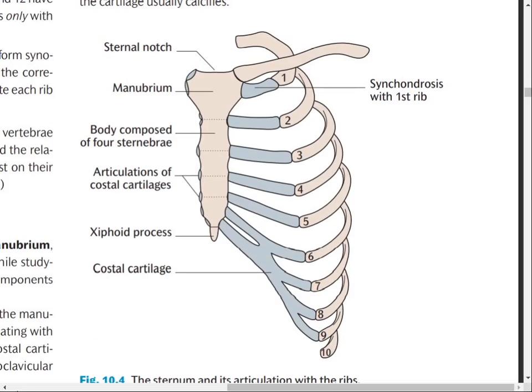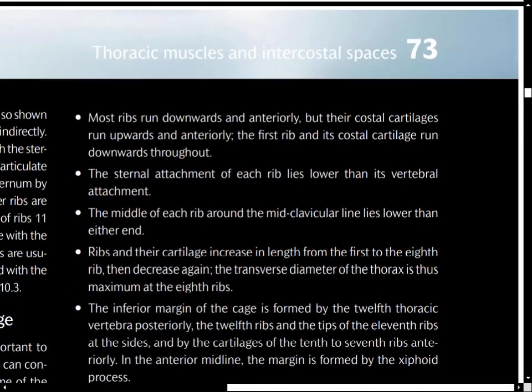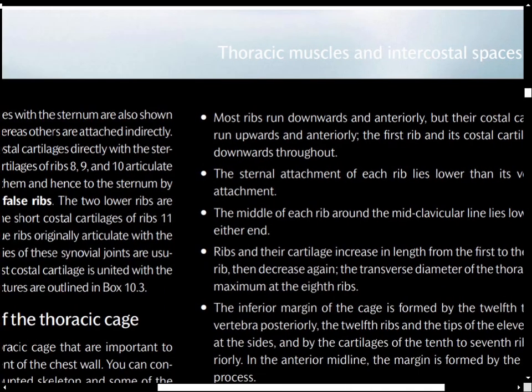Sternal notch, manubrium, synchondrosis with first rib. Body composed of 4 sternebrae, articulation of costal cartilage, xiphoid process, the sternum and its articulation with ribs.